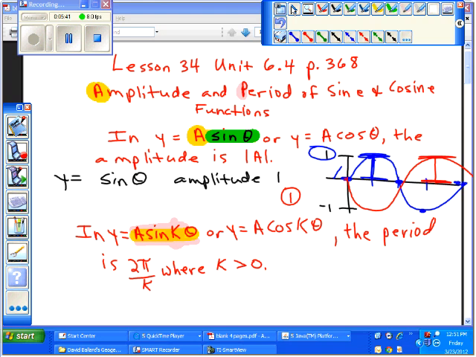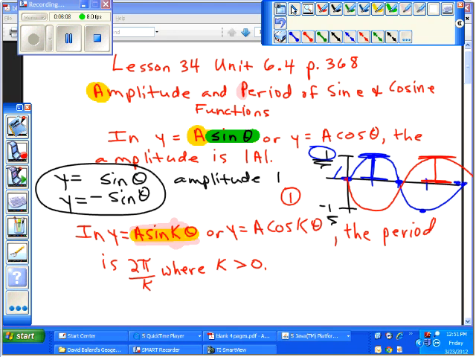It means that your A could be 1 or negative 1. That means if we say amplitude is A is 1, that means that the A could have been either positive 1 or negative 1. So my choices would be y equals sine theta or negative sine theta.